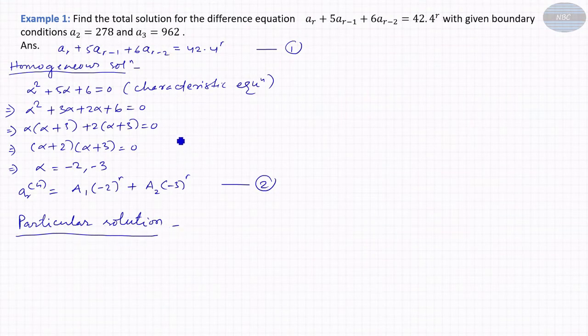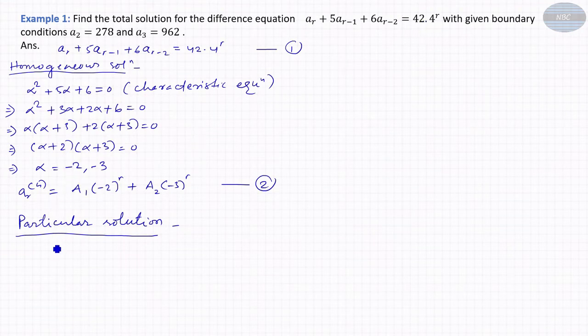Okay, so see here in the right hand side we have 42 into 4 to the power r. Here 4 is beta, and this beta is not the same as any one of the roots. And this 42 is a polynomial of degree 0.